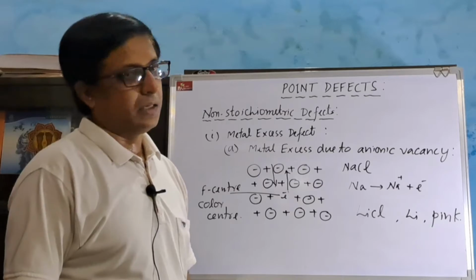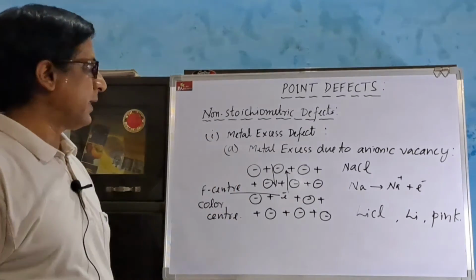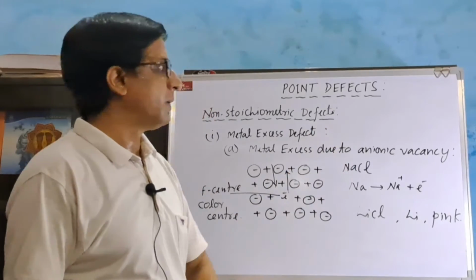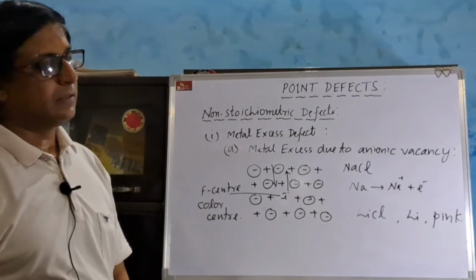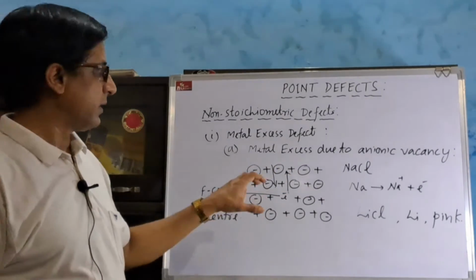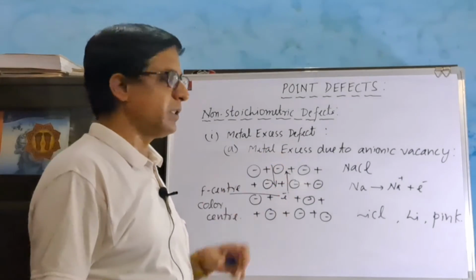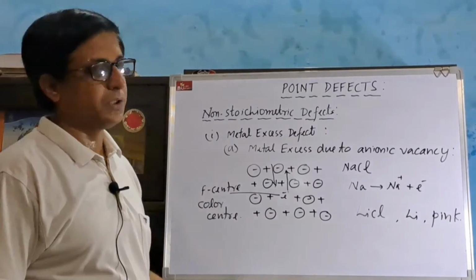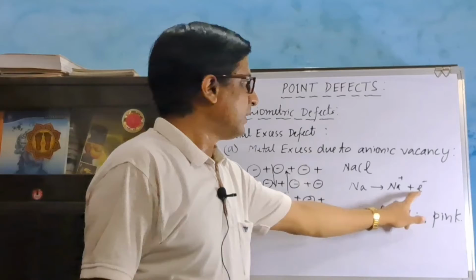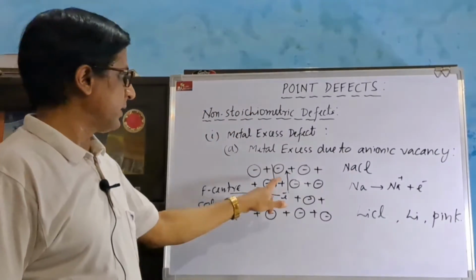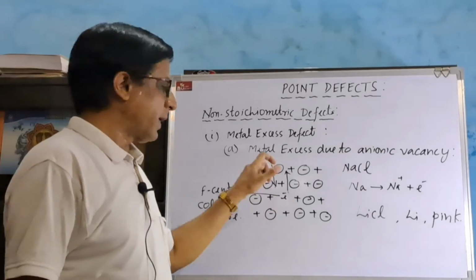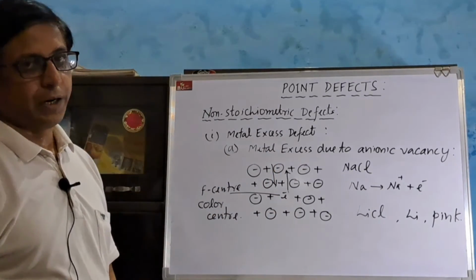Thus, metal excess defect is due to the presence of anionic vacancies. The chloride ions present inside the sodium chloride crystal diffuse to the surface and combine with sodium atoms to form sodium chloride, and the electron generated during this process diffuses inside the crystal and occupies the position of the chloride ion.